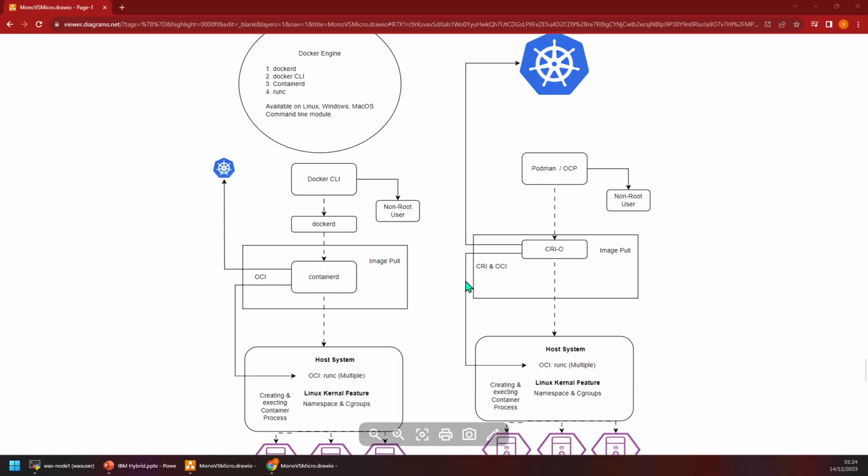Now remember that CRI-O is both CRI and OCI, just like Containerd. Containerd's primary focus is OCI, and it also does CRI in terms of connecting with Kubernetes. But how effective it is at connecting with Kubernetes, that's another question.